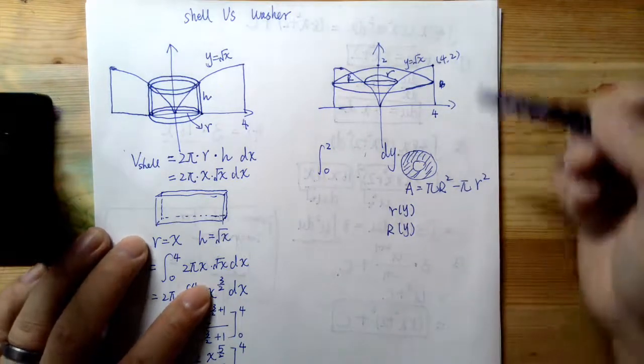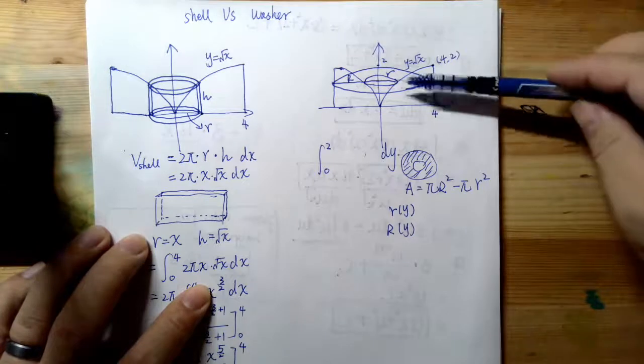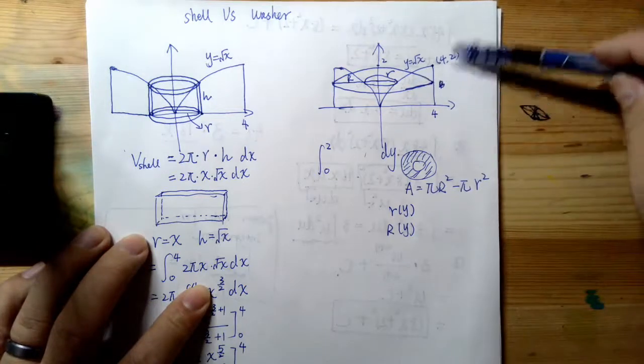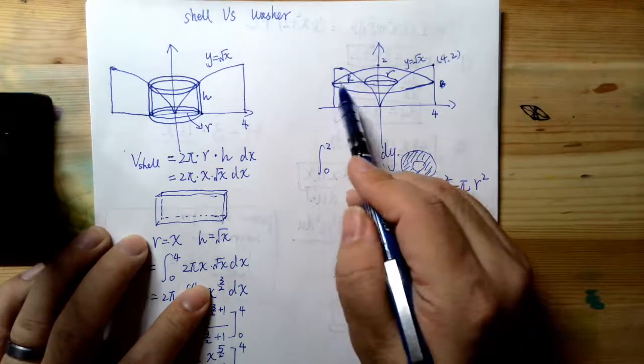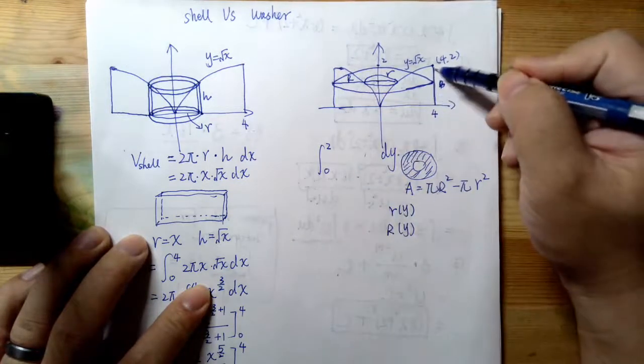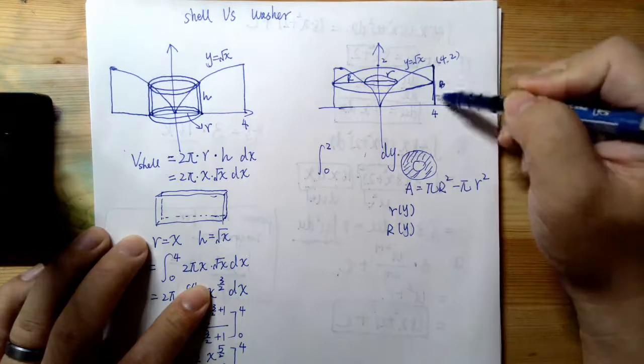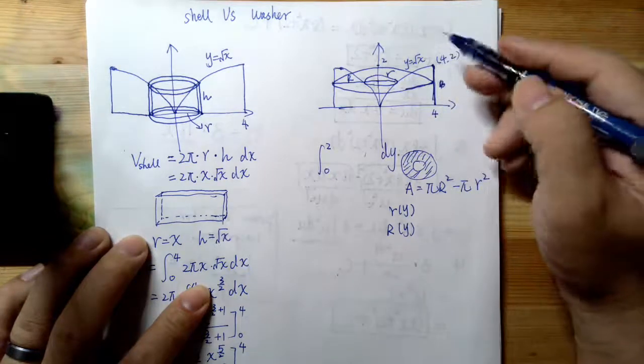The capital R is very easy to figure out, because it is exactly the distance from here to here, and you can see that the capital R is always 4. So that's a constant.